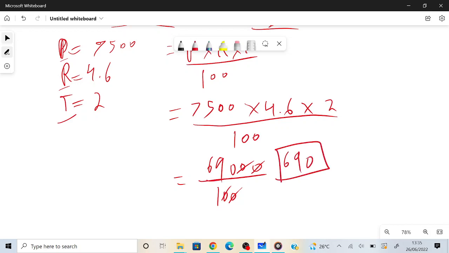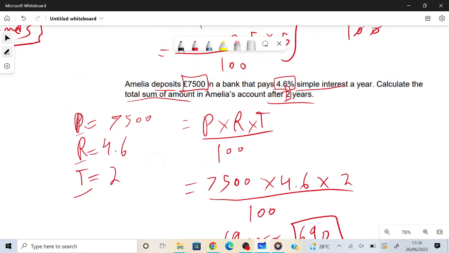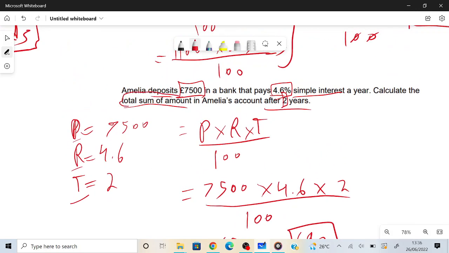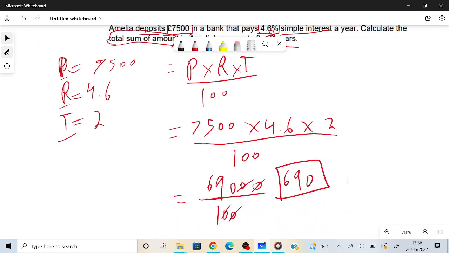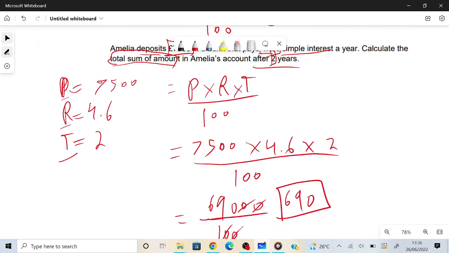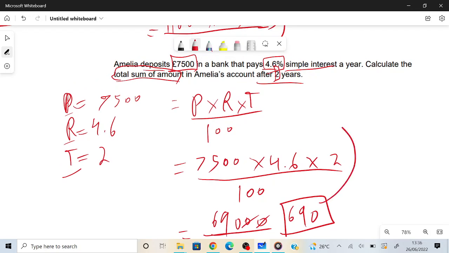Now this is not your final answer because again in this question I asked for the total sum. So all you do is you add 690 to the original amount, which I think was 7,500. Yep, it was.